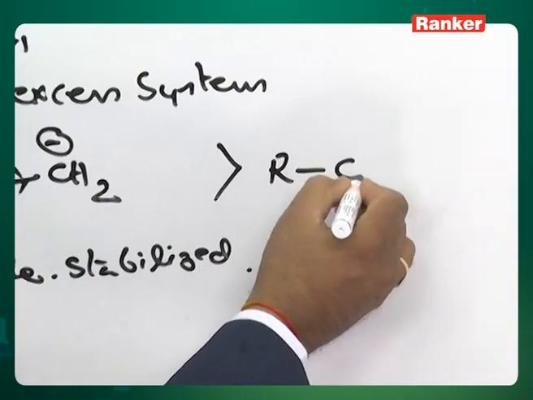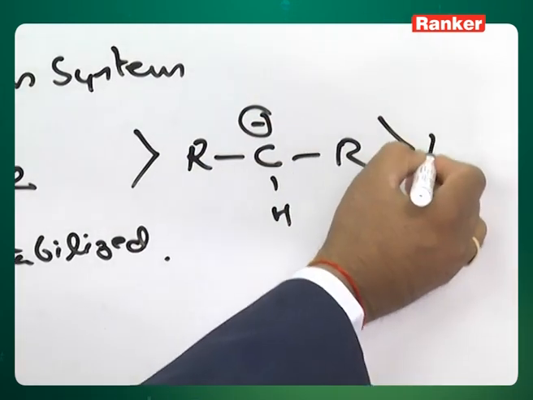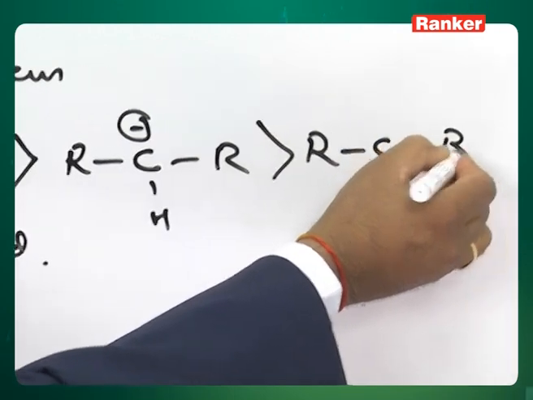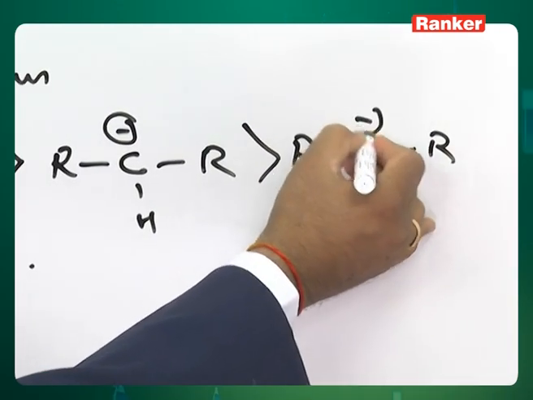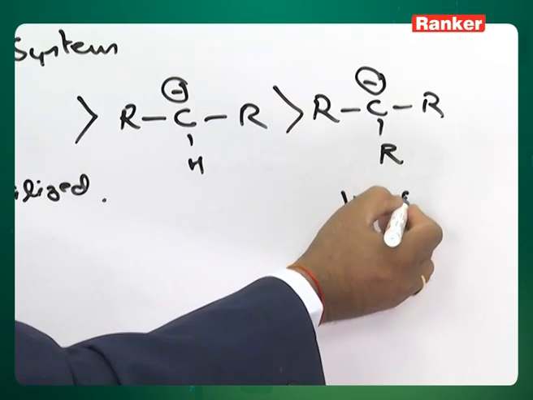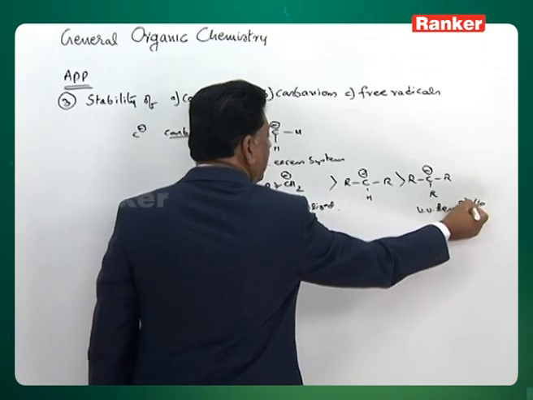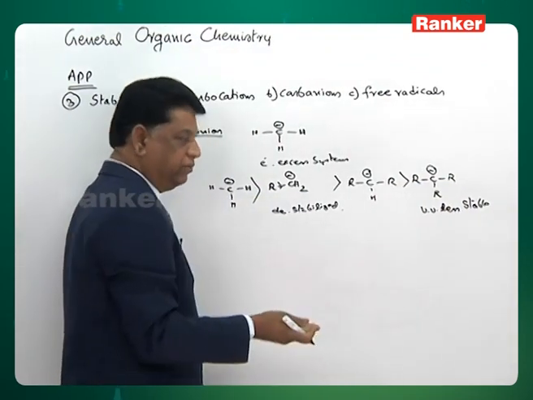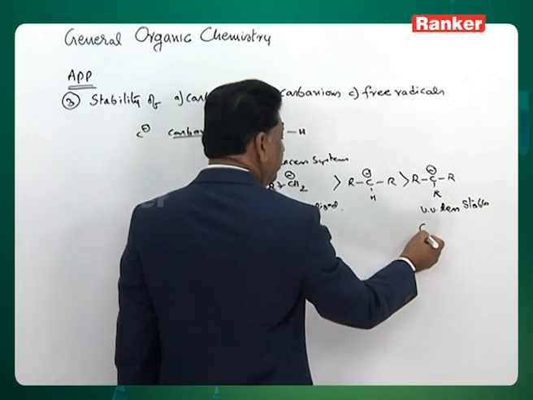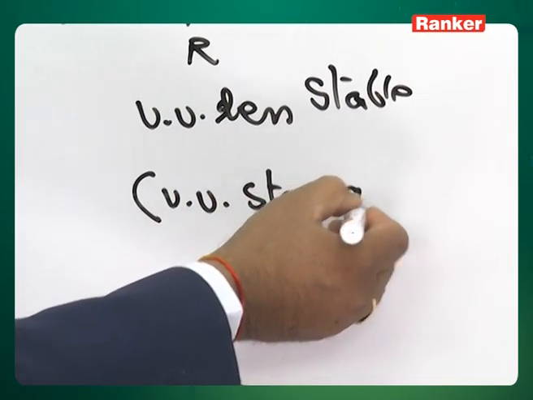If you have 2 alkyl groups there, it is much more destabilized, and if 3 alkyl groups are there, much more destabilized. So it is very less stable, isn't it? Very less stable. However, it donates the electrons very quickly. So therefore in turn it is also called a very strong base.